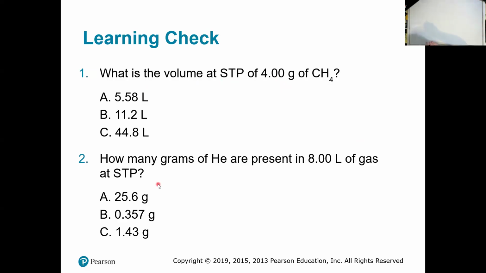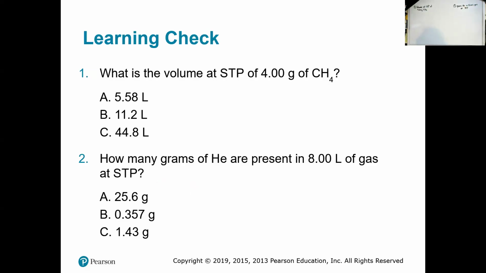Okay, let's write down those questions. Volume at STP of 4 grams of methane. And then grams of helium in 8 liters of gas at STP.